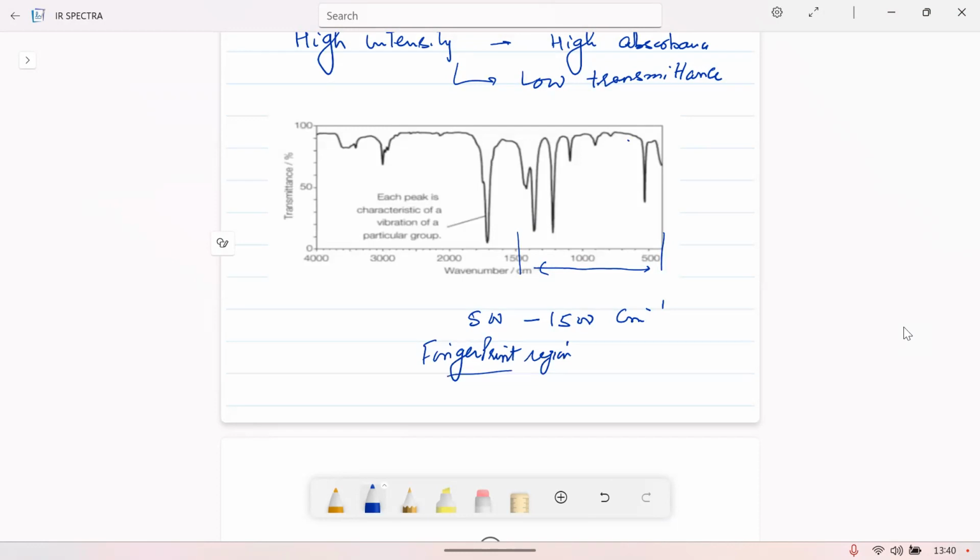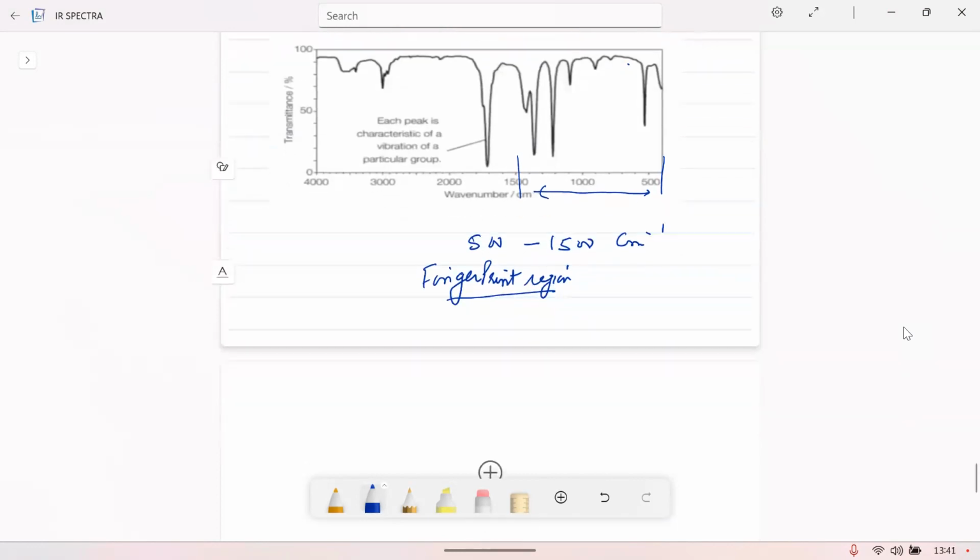Now, this is like all human beings, they have some fingerprint, but there are slight differences. We may look similar. We all have hair, one nose, two ears, and so on. So we are very similar to each other, but still our fingerprints will be different. Same way over here, you may have two alcohols exactly the same, but there still will be some difference due to their bending vibrations.